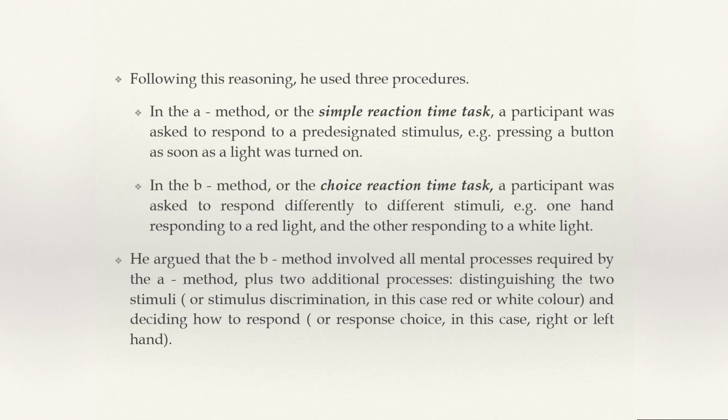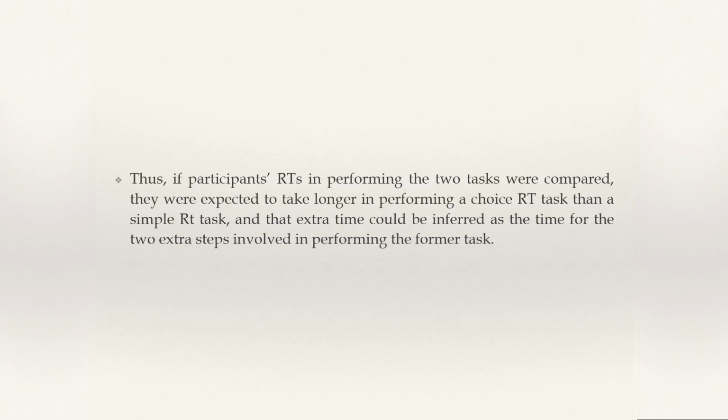So, two extra steps in B as compared to A. If the participants' reaction times in performing the two tasks, A simple reaction time and B choice reaction time, were compared, they would be expected to take longer in performing a choice reaction time task than a simple reaction time task. And whatever extra time they have taken could be inferred as the time for the two extra steps that were involved, stimulus discrimination and response selection.